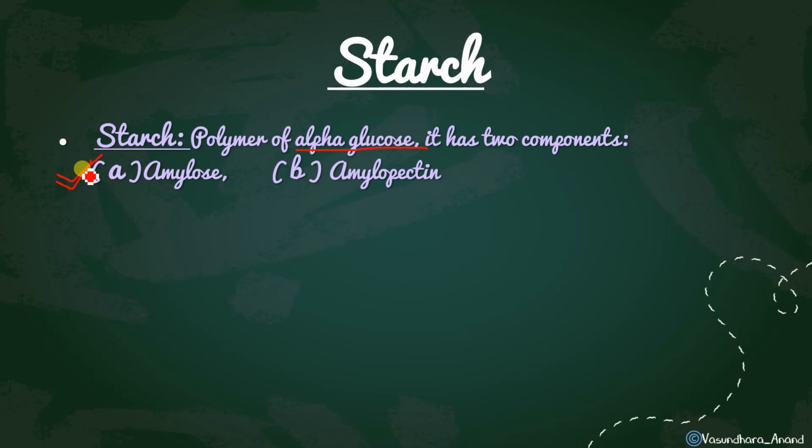Okay. Second thing in MCQ can be asked: which portion is the major content of starch? Amylose, amylopectin, both, none of the above, like this. Okay. Third, out of amylose and amylopectin, which one is water soluble? So these three types of questions can be asked from this topic only.